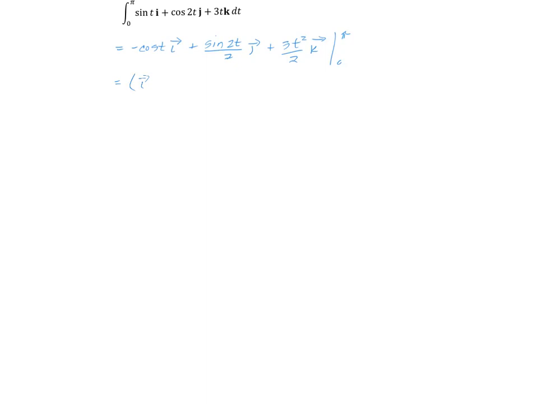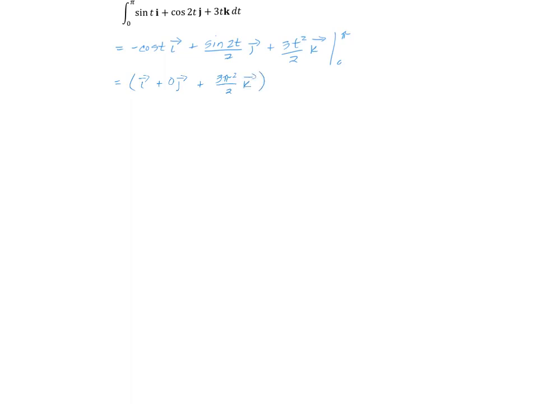That's the vector i. Sine of 2 pi over 2 is 0. So this becomes plus, and I'll go ahead and write the 0j even though it's not necessary. And 3 pi squared over 2, not much I can do with that. That would be my k component.